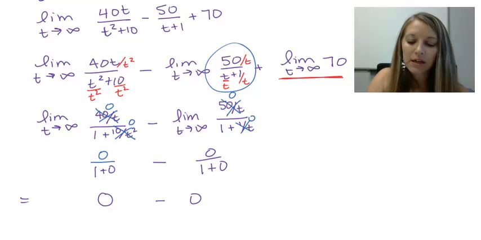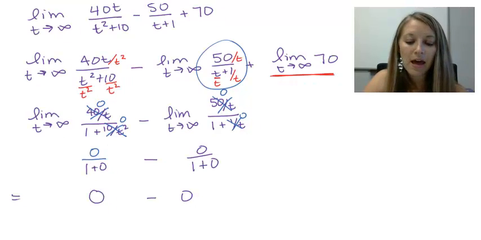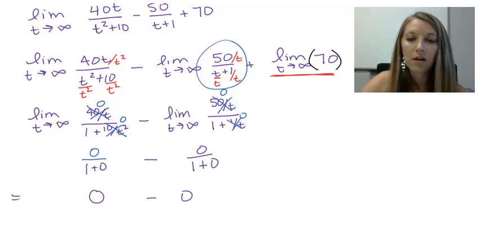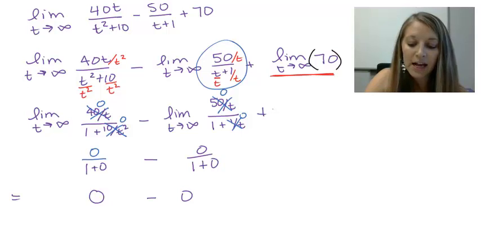Now my last piece, the limit as t is approaching infinity of 70. This is the easiest one yet because I need to plug in infinity for all of my t's of my function. But notice I don't have any t's in my function, so I don't have any infinities to plug in. So that piece just simplifies to what it is, plus 70.